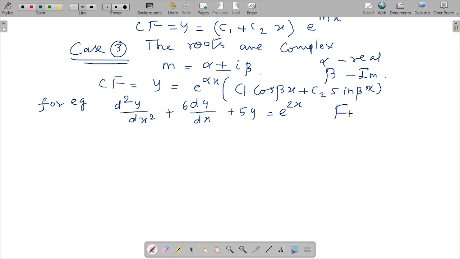Find the complementary function. The question is to find the complementary function CF. At that time, how can you write the solution for this?